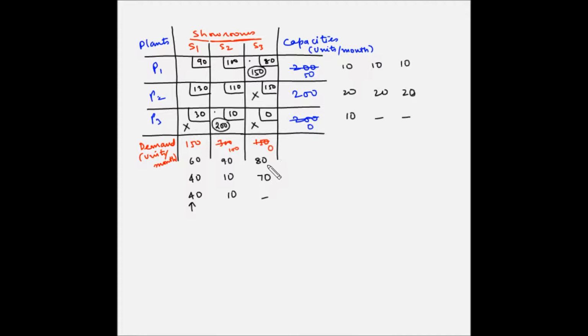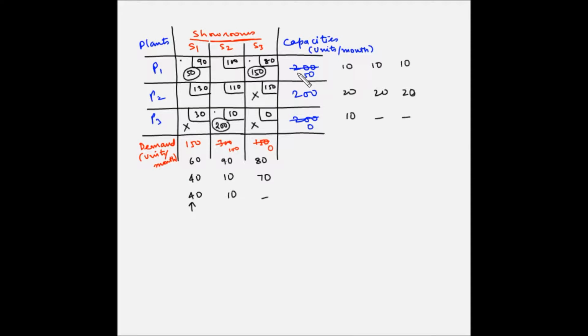So let's try to allocate the maximum to the square with the lowest cost in this column, which is P1S1. Now P1 has a supply capacity of 50 while S1 has a demand of 150. So even though S1 has a demand of 150, P1 can only supply 50 units. So the maximum we can allocate is 50.